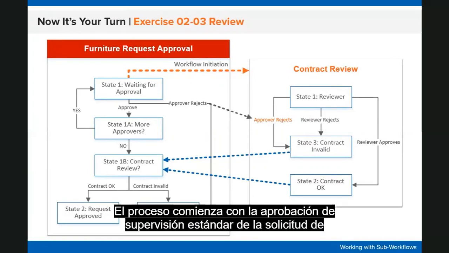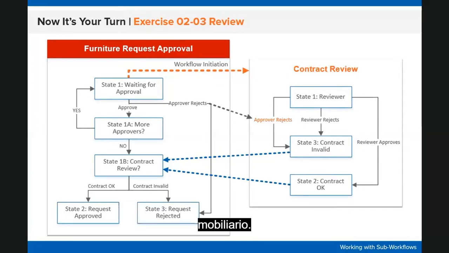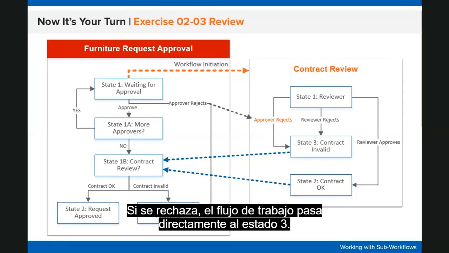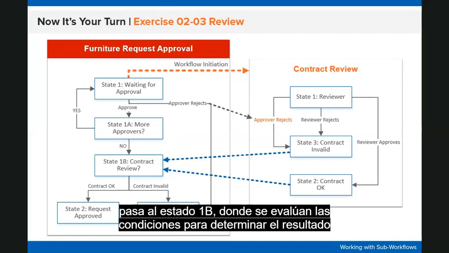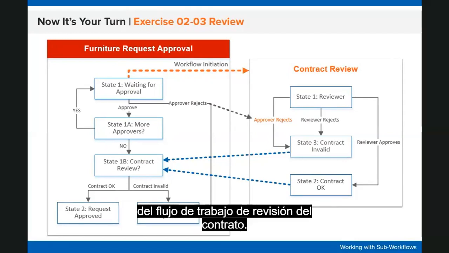The process begins with the standard supervisory approval of the furniture request. If rejected, the workflow transitions directly to state 3. If approved, and there are no more approvers in the hierarchy, the workflow transitions to state 1B, where conditions are evaluated to determine the outcome of the contract review workflow.